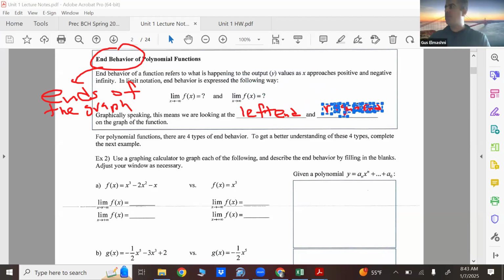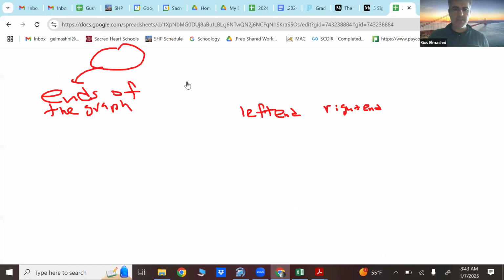Hold on a sec. I do need to print the filled out notes. Sorry about that. Just going to freeze the screen because I have to take care of something. My mouse is not working. One sec.